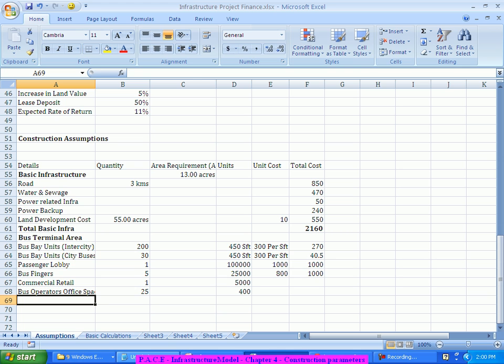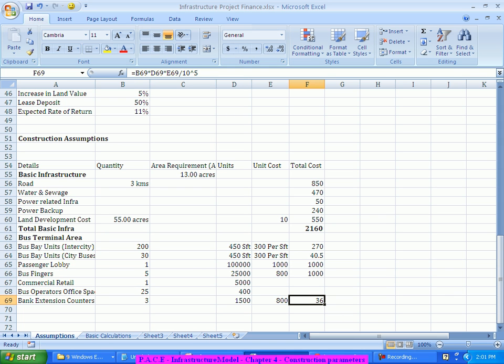Similarly, bank extension counters, they are going with 3 in that entire area, 3 banks, each with 1500 SFT, and they are going to develop. So it is costing them some 8,800 rupees per SFT as a construction cost. So this is costing this much. Now probably it all depends.